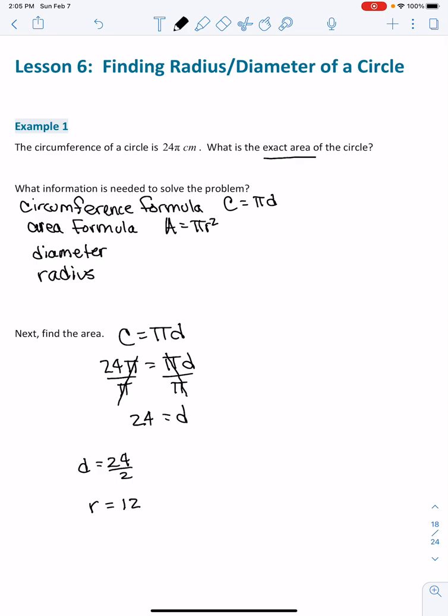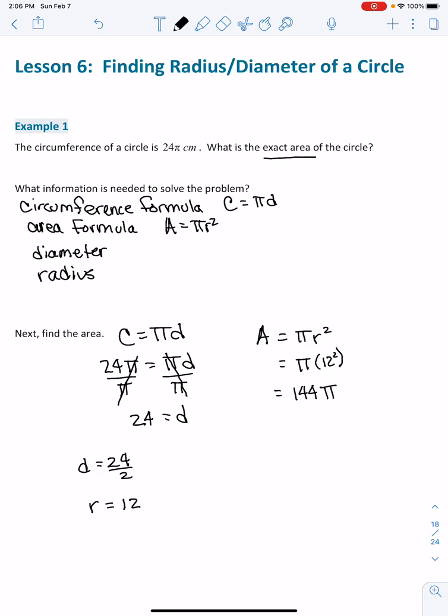Now to find the area, our area is pi r squared. So our radius is 12 squared. Well, 12 squared is 144 pi.